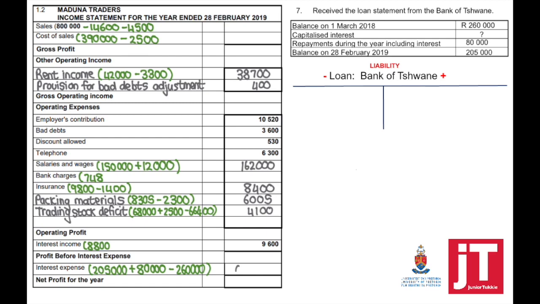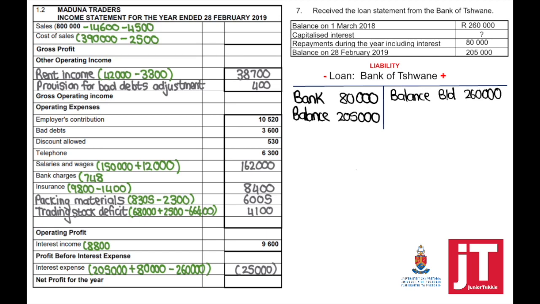If you're doing your T account, you will get exactly the same answer. The balance in the beginning minus the repayments minus the balance at the end, or take the debit minus the credit, it gives you exactly the same answer, 25,000. Make sure this is in brackets because it's an expense.